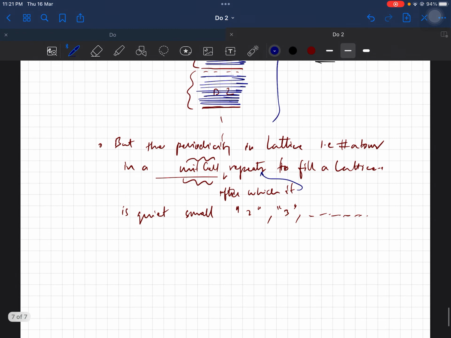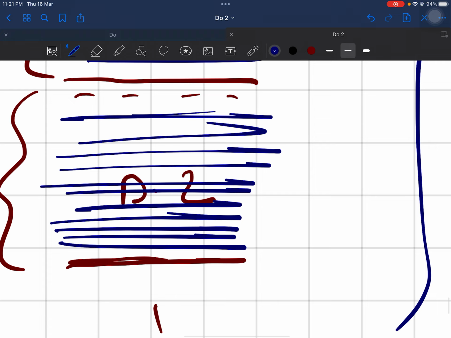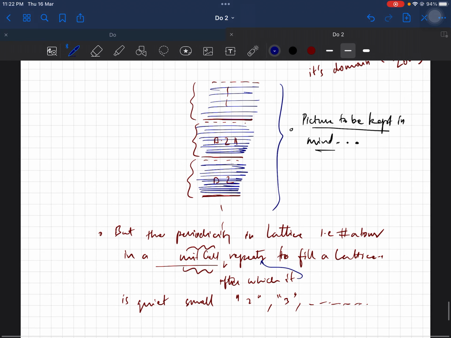Quite small, and this puts us in a fix. Why do we ignore it? I mean, this can be a big number, pi by a. It's 2 times pi by a, and you divide by N and you just get 2 or 3. If N is 2, it's basically pi by a. In that sense it sucks.